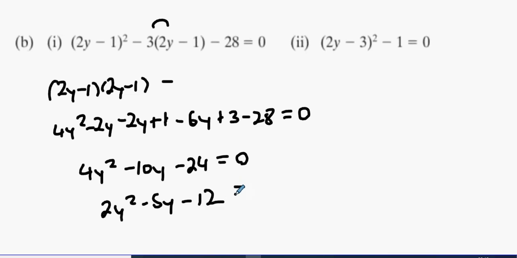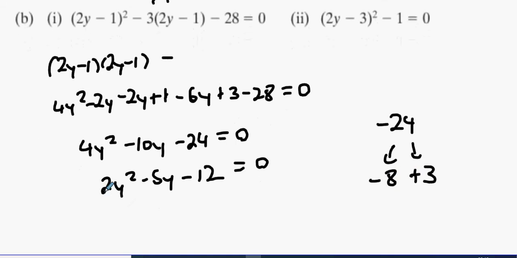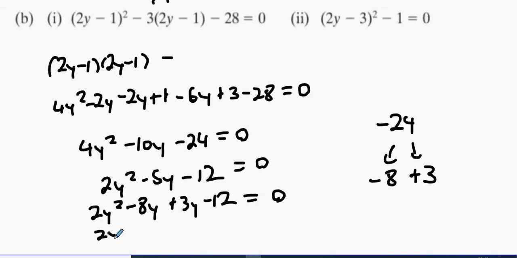Two numbers that multiply to give you minus 24 but add to give you minus 5. So what do you get then? Come on, you know how to do this stuff. What's next?